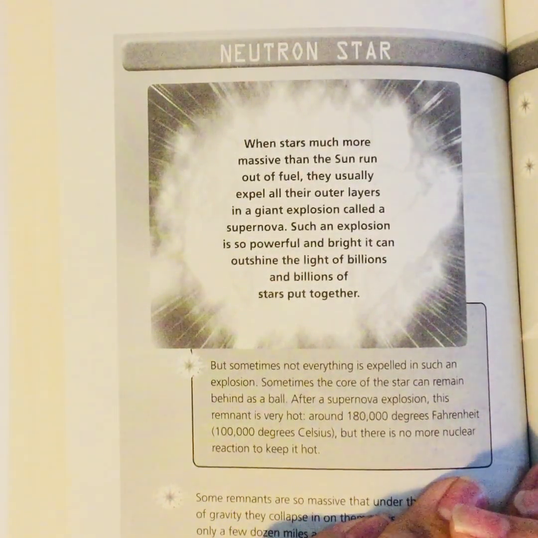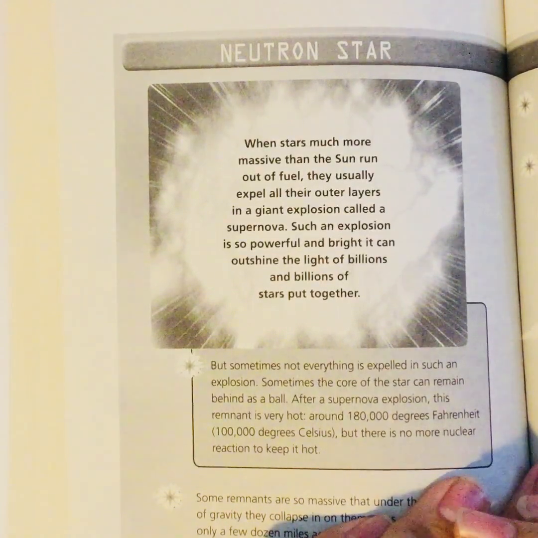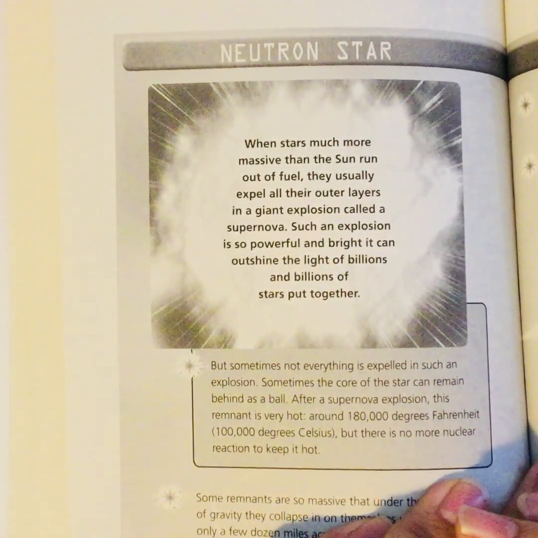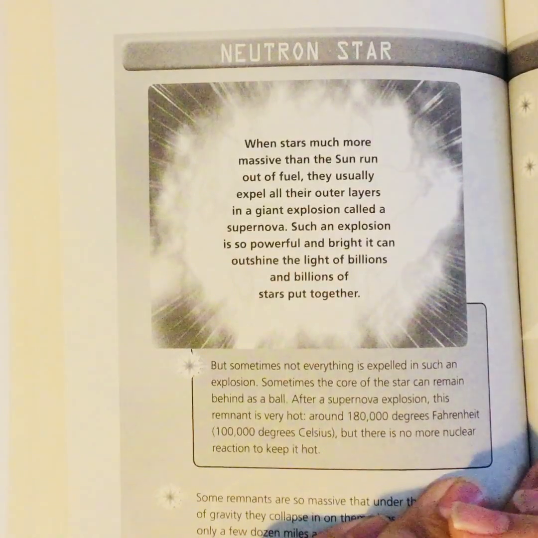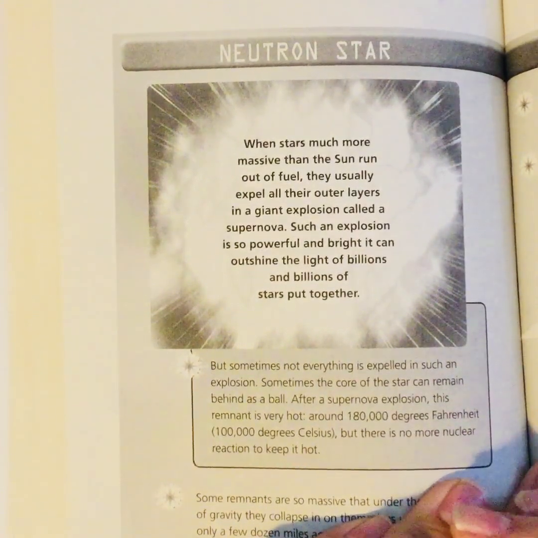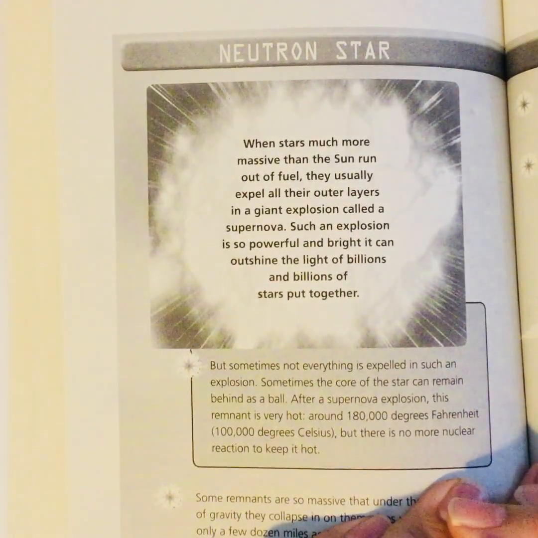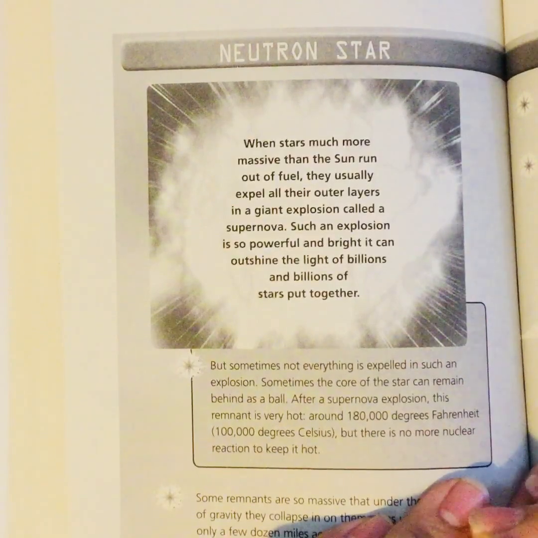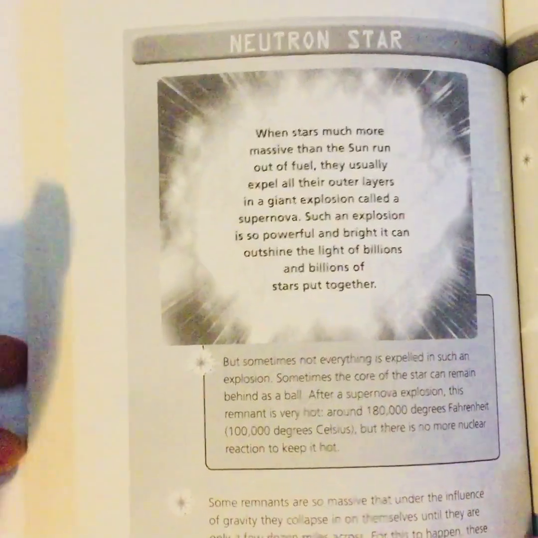Sometimes the core of the star can remain behind as a ball. After the supernova explosion, this remnant is very hot, around 180,000 degrees Fahrenheit, or 100,000 degrees Celsius. But there is no more nuclear reaction to keep it hot.